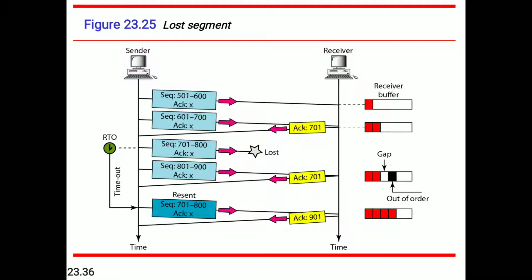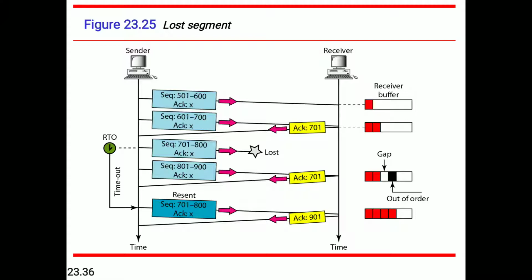But the receiver is waiting for the sequence 701 to 800, which is lost already, and it is receiving 801 to 900. So the receiver is giving the acknowledgement 701 to inform the sender it is actually waiting for sequence number 701. So the sender comes to the conclusion that the sequence 701 to 800 was not received by the receiver.